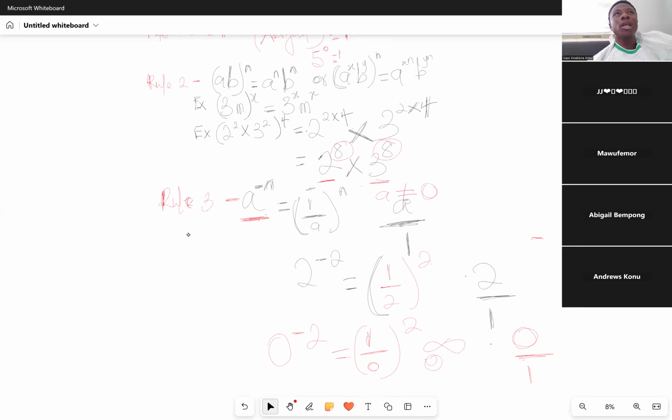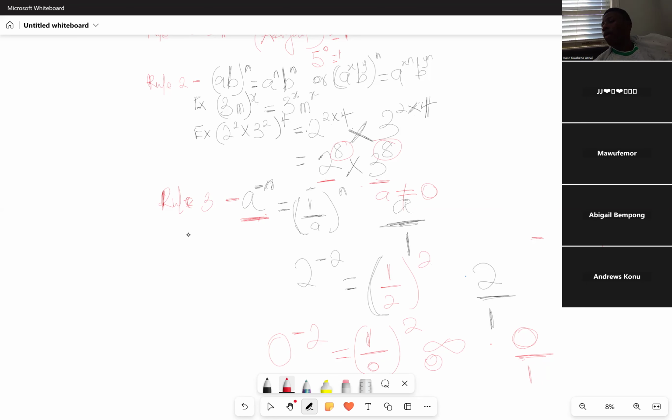It's also fine, because at the end of the day, the n affects each thing. 1 exponent n is 1. 1 exponent 250,000 is 1. 1 exponent whatever you can think of is 1.